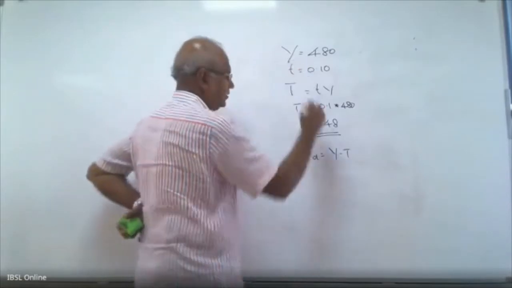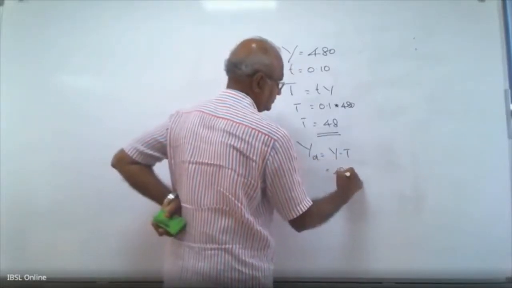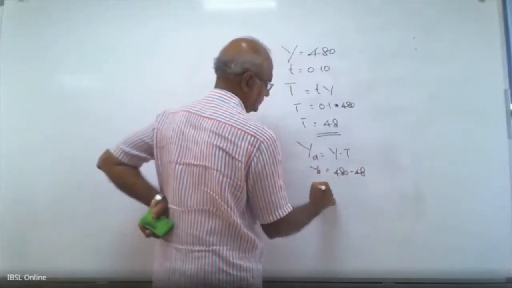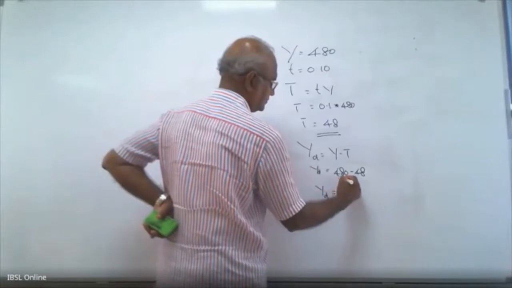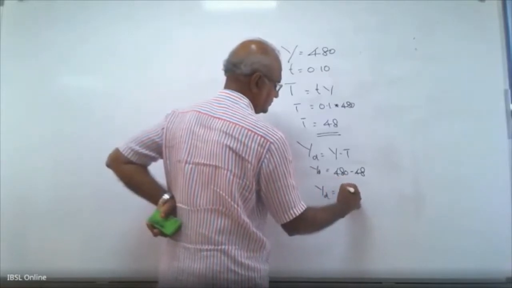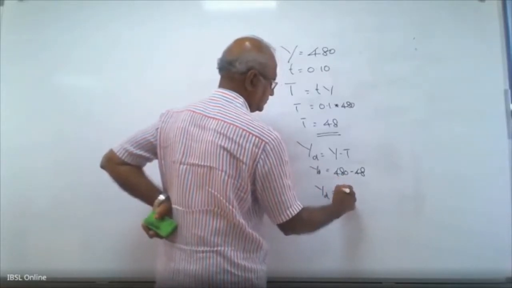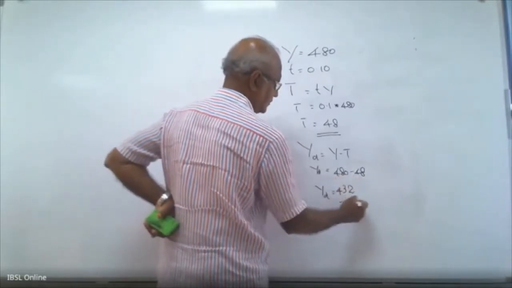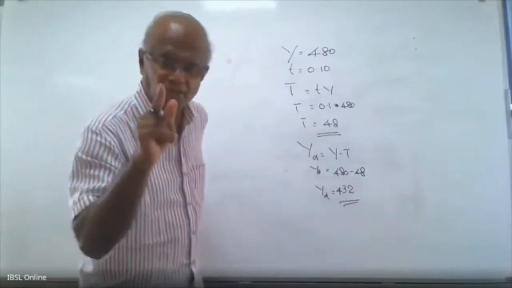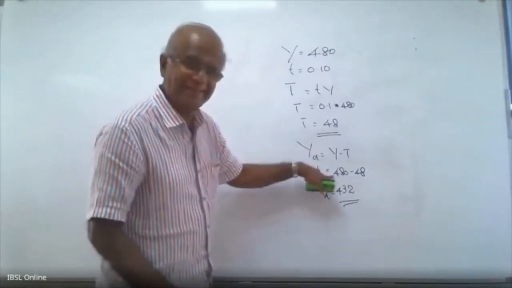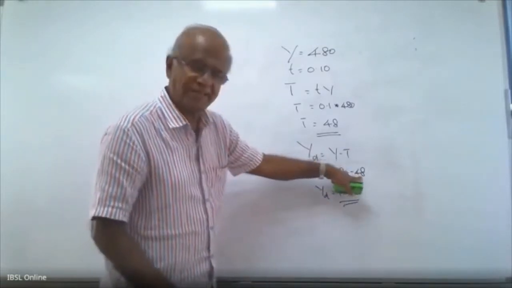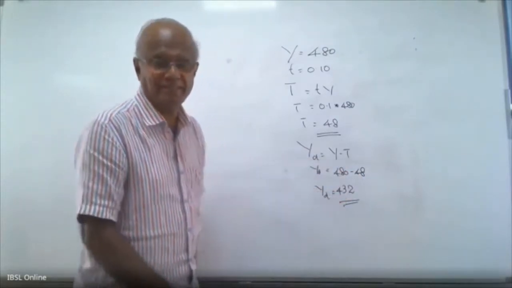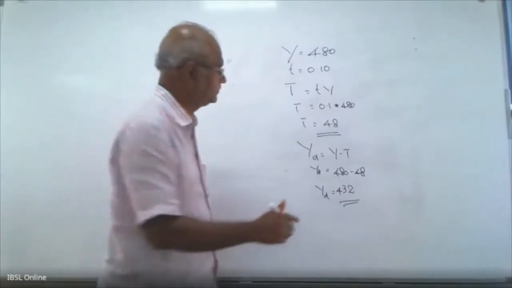Income 480 minus 48. Your nominal income 480. You pay taxes 48. Disposable income 432.